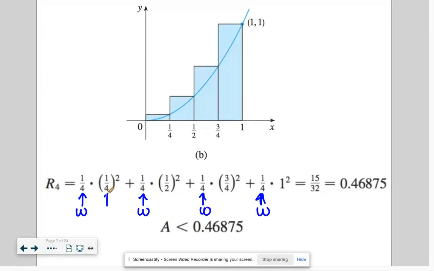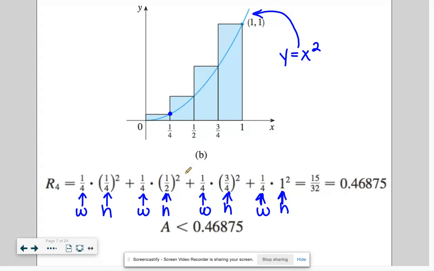And then this number here: I plug the x value in and square it, by the way, because the equation of this curve is x squared. If I square it, that gives me the y value, which is right here, and that's equal to the height of the rectangle.